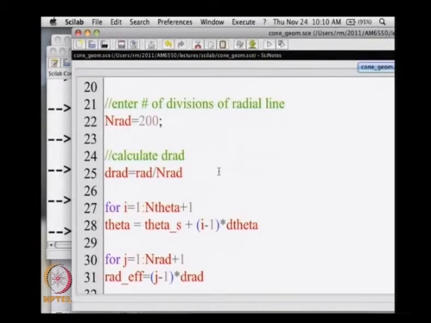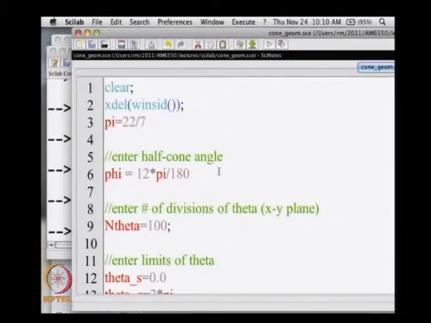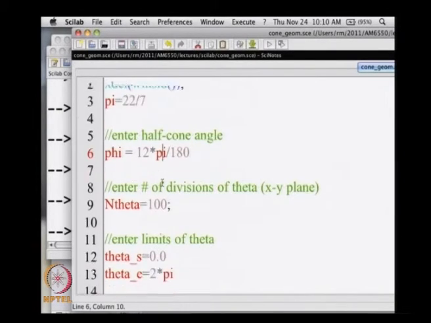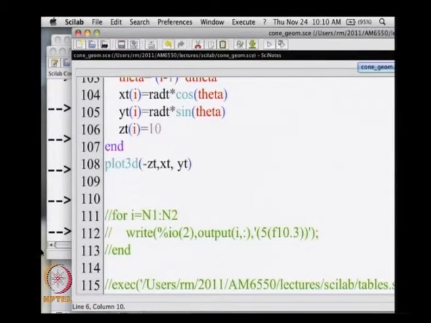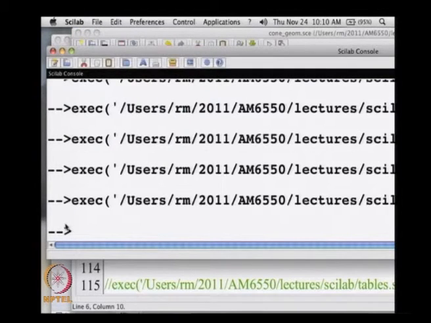So I mean that's the best we can do, I guess, in a class like this, in order to visualize a 3D flow. Okay, so let me go ahead and do this plot, and we'll see what I'm talking about.